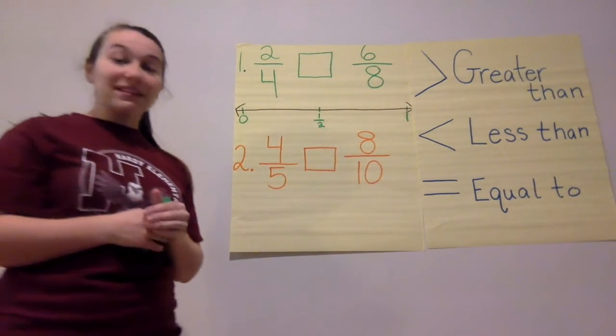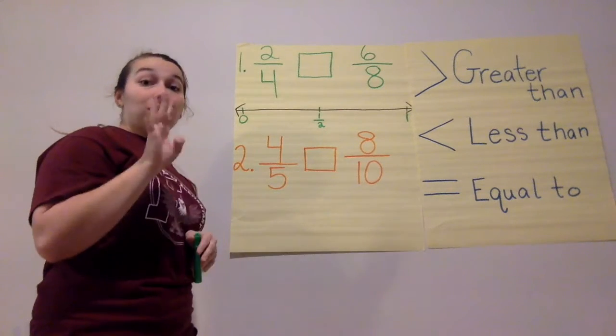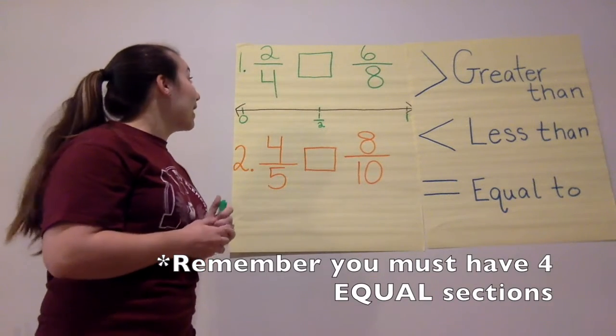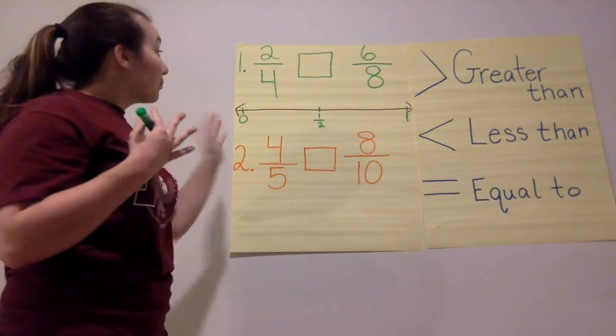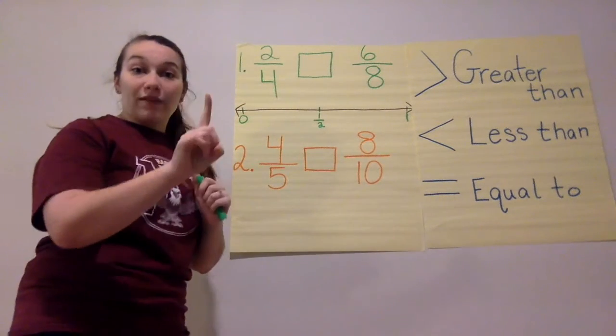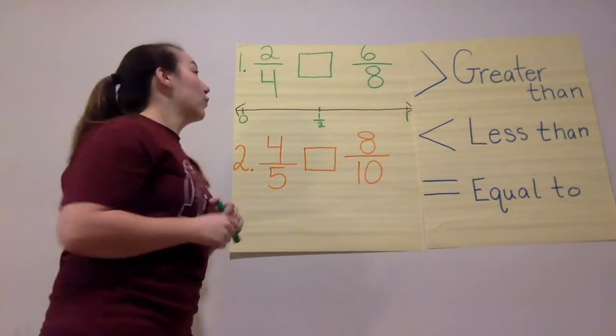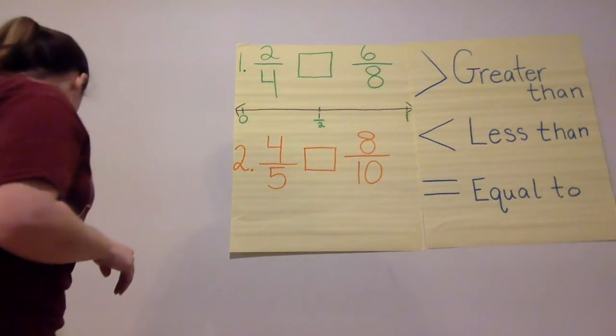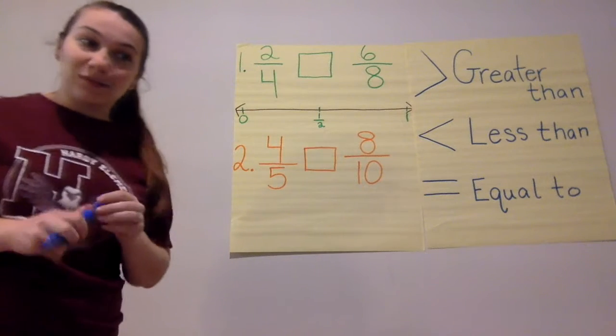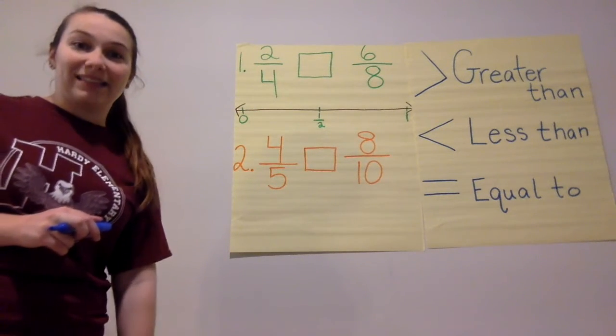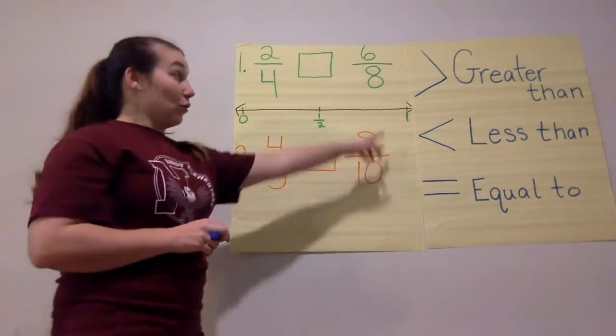All right, so that means I'm going to have sections, 4 lines. So, we're going to have 1/4, 2/4, 3/4, and 4/4. Well, what do we know about 4/4? What is 4/4 the same as? 1 whole.